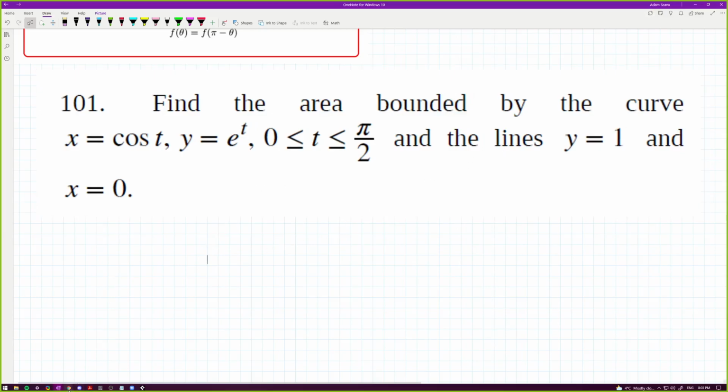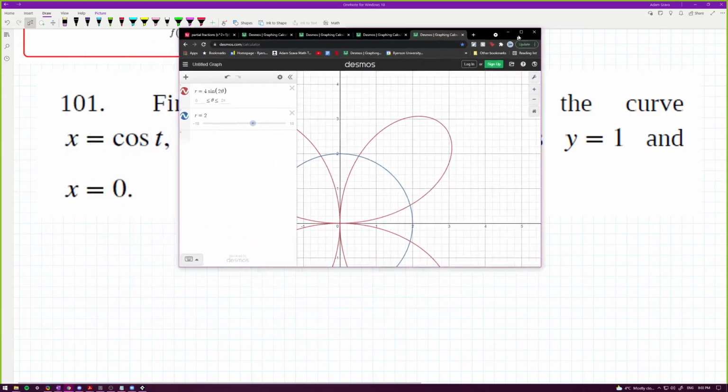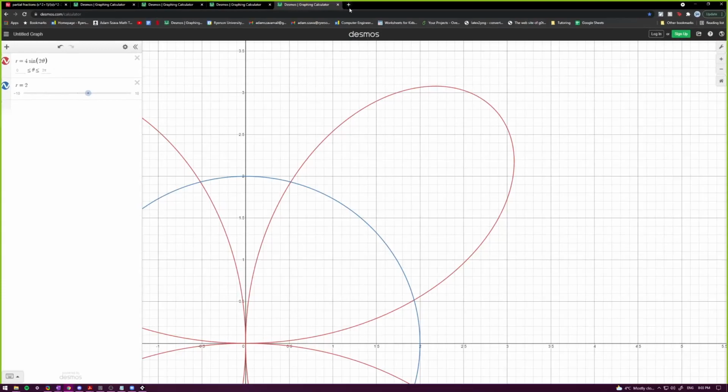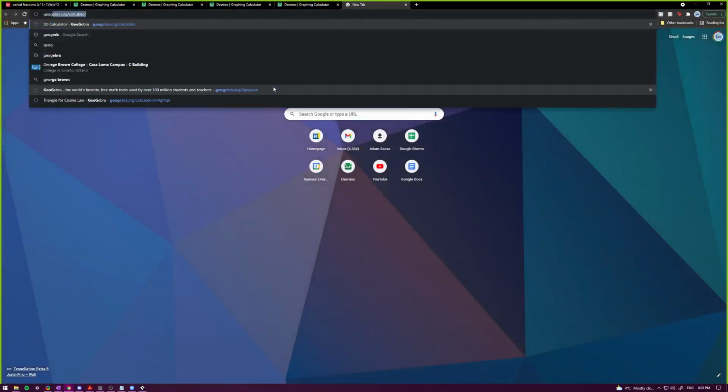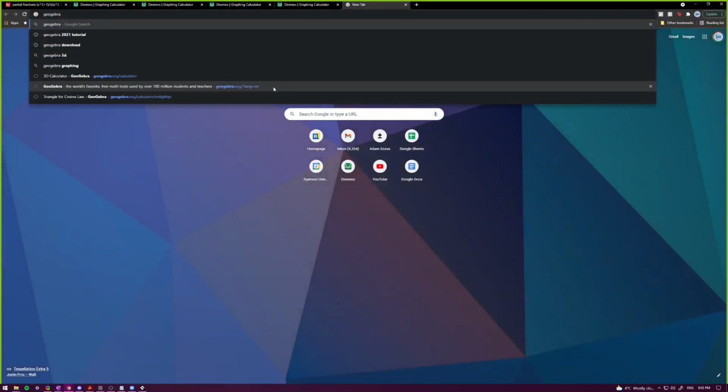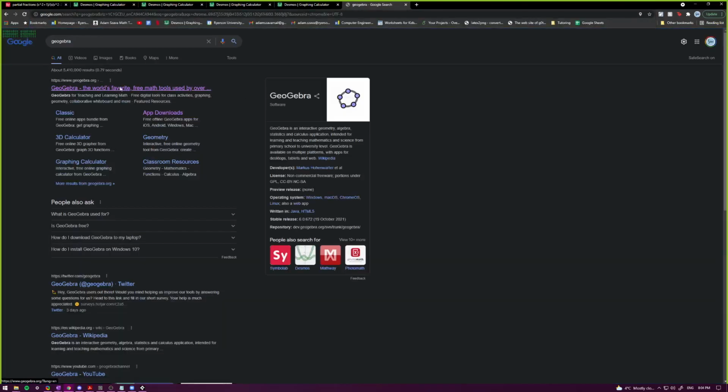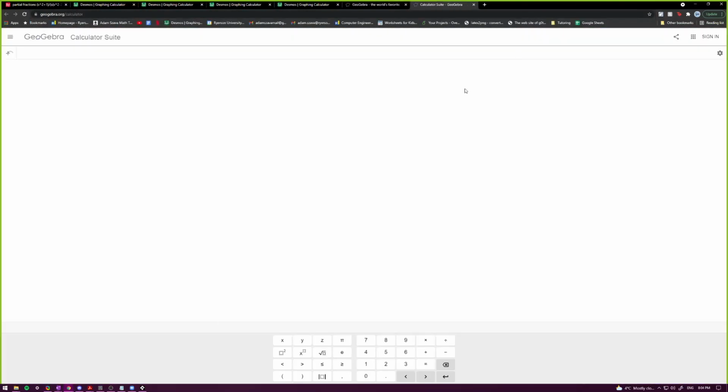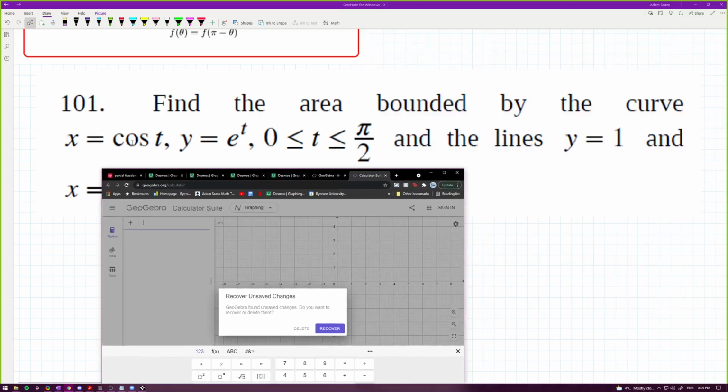The way I graph parametric equations is in GeoGebra. We won't go through the full solution for this one, but GeoGebra is better for this. So it's cos t, e to the t, and the range is 0 to pi over 2.